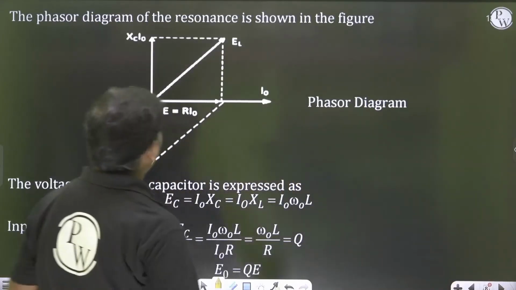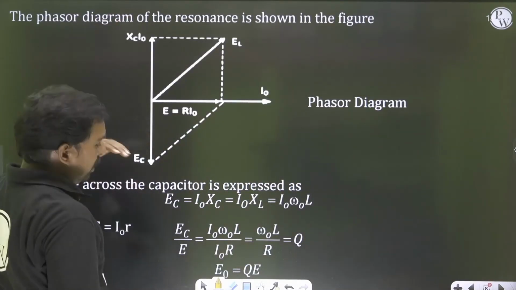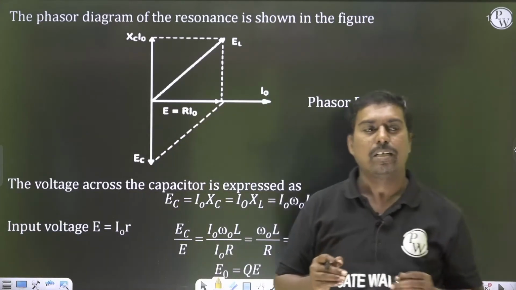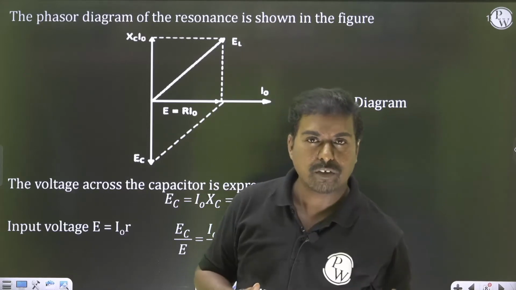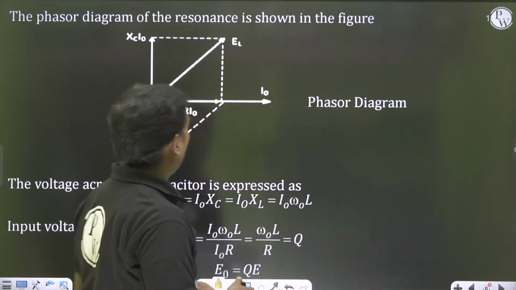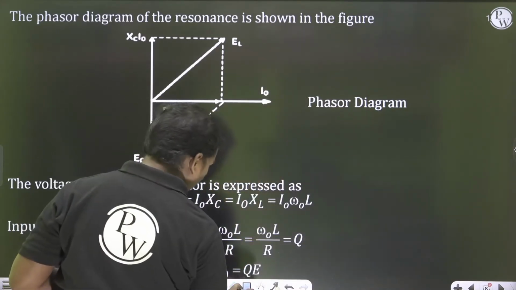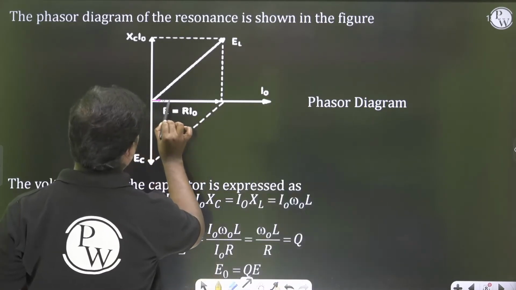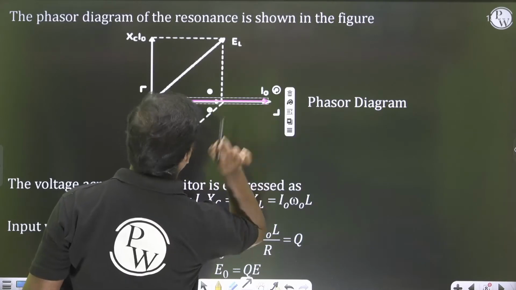So now, if you see the phasor diagram at resonance, these are our basics that you have already studied in RLC circuits or network theory or circuit theory. So if you see this phasor diagram, this is the current.